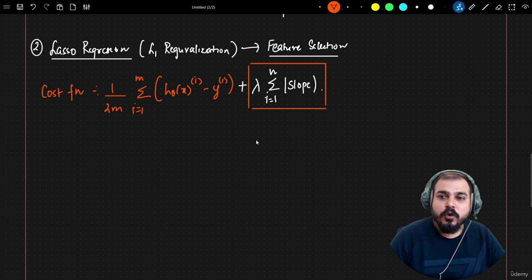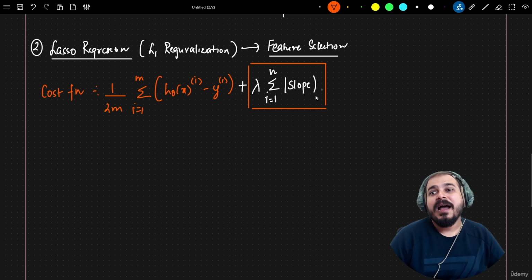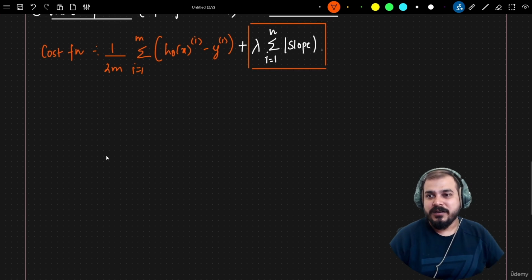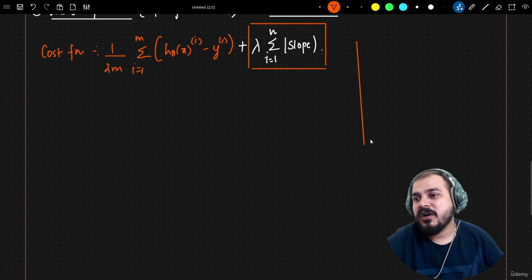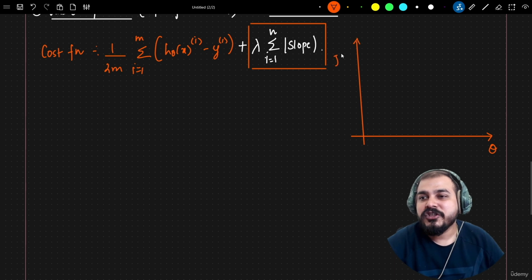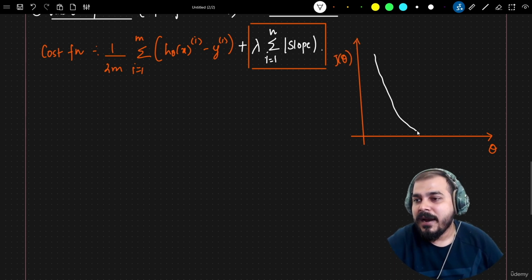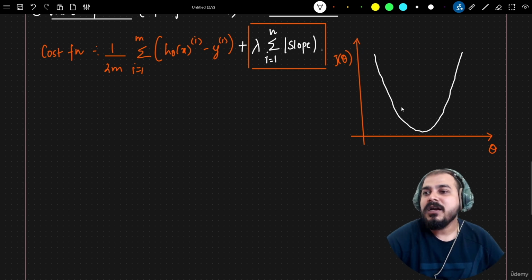Now, let me show you the relationship between lambda and this slope with respect to this cost function. Suppose I draw this cost function on the right hand side, with respect to theta and J of theta. If your lambda value is 0, I will get a normal gradient descent curve.